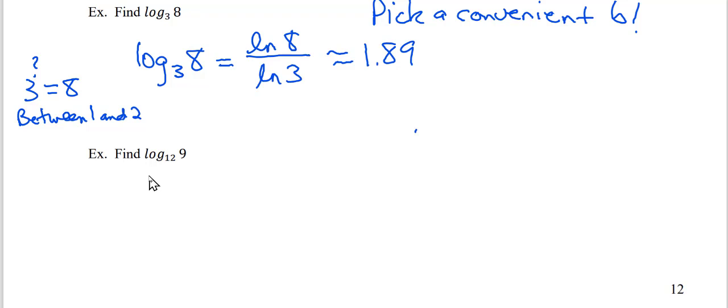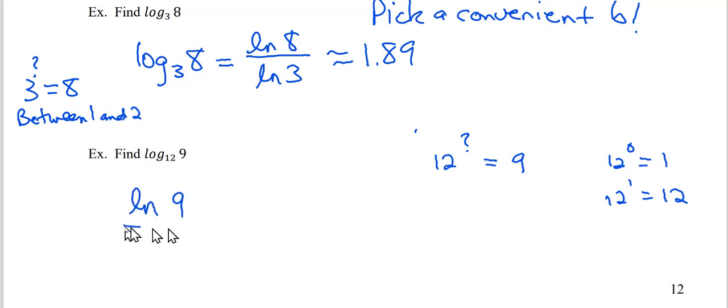I'll give you a second to think. Should be between 0 and 1. We are asking 12 to the what is equal to 9. 12 to the 0 is 1. 12 to the first is 12. So it should be between those two exponents, 0 and 1.